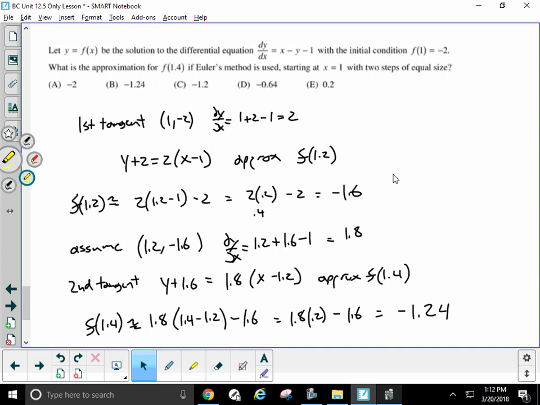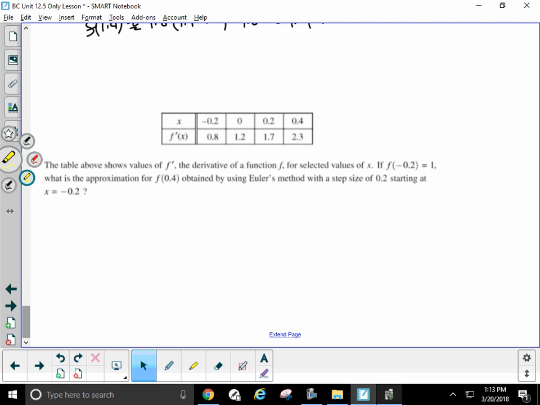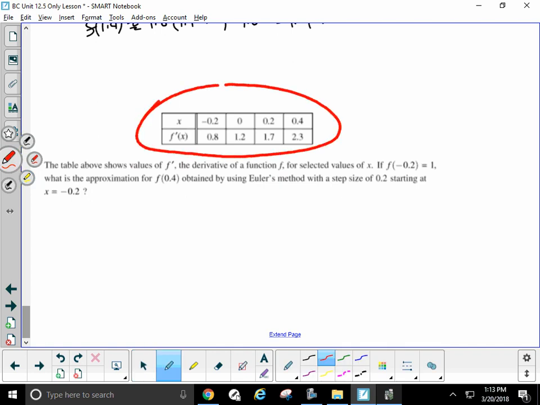Okay, the next problem. It's a different type of problem, but it's the same deal. It's actually a little bit easier because you don't have to find dy/dx. It's given to you. But it's more involved because you have a step size of 0.2.